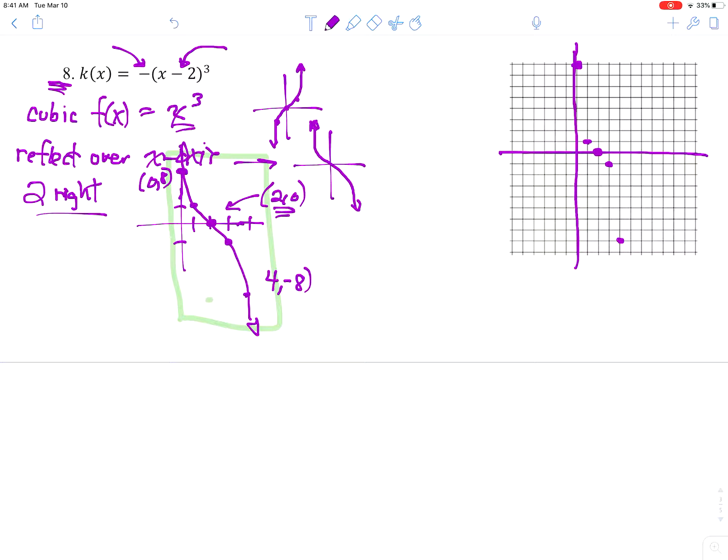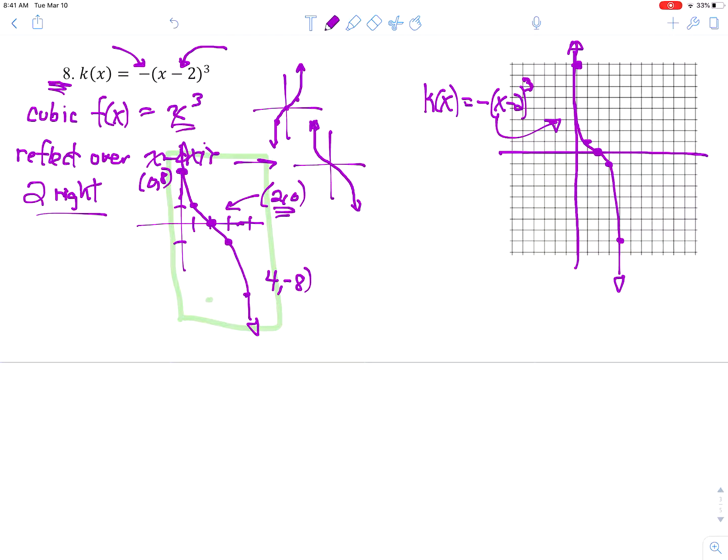That looks symmetric. I put my points in, and I can finish off by saying K of x equals negative (x minus 2) cubed. And put a little arrow.